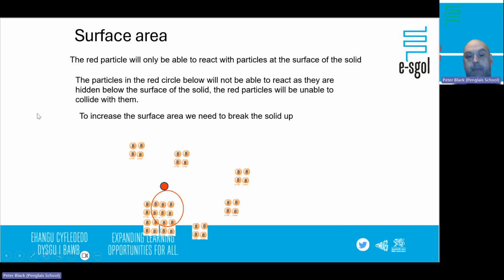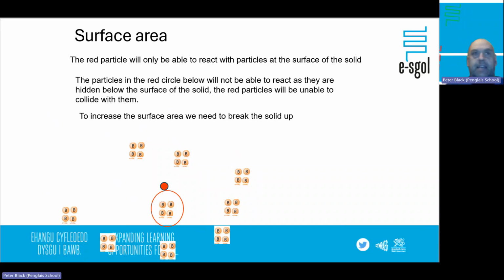It's a bit like an apple. If you think about an apple, the skin of the apple is the surface, but if we cut our apple in half, we then expose the flesh on the inside, and we could cut it into quarters, expose more flesh, cut it again and again and again until we get more and more of the surface exposed. The thing to point out here is that the smaller you make an object, the greater its surface area.